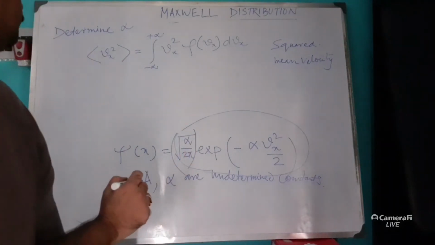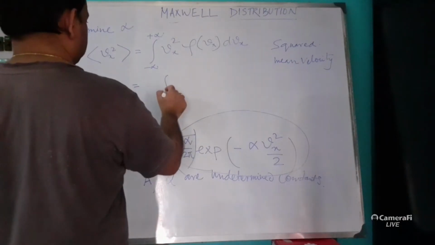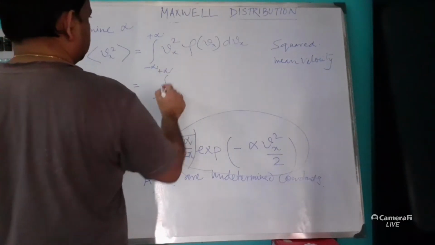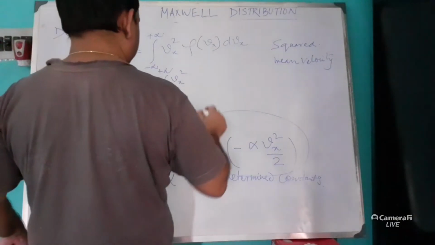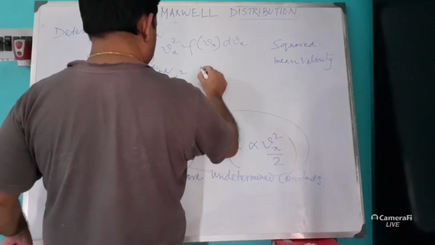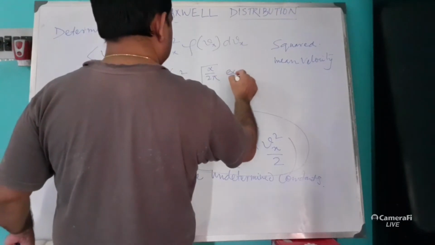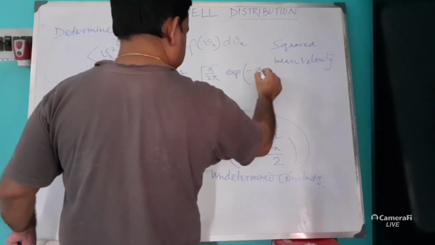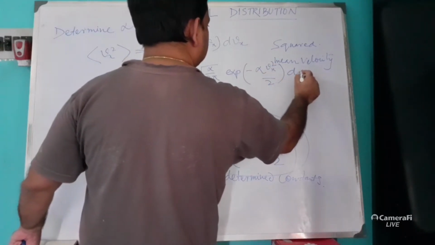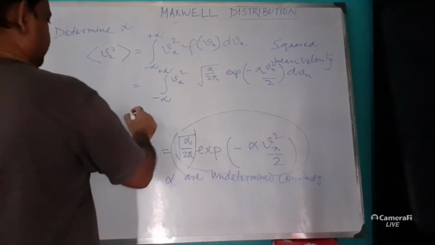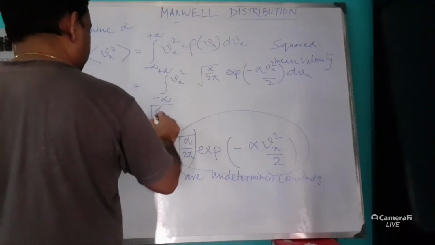Squared mean velocity. What is the squared mean velocity over here? It is equal to the integral from minus infinity to plus infinity of Vx² φ(Vx) dx. What is φ over here? It is equal to root over alpha by 2 pi times exp(-alpha Vx²/2). So this results to root over alpha by 2 pi.